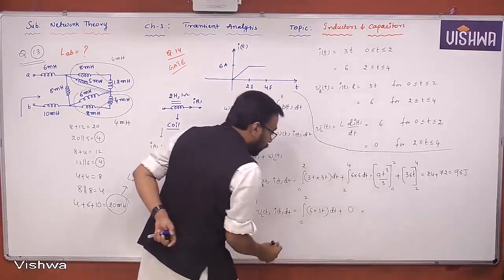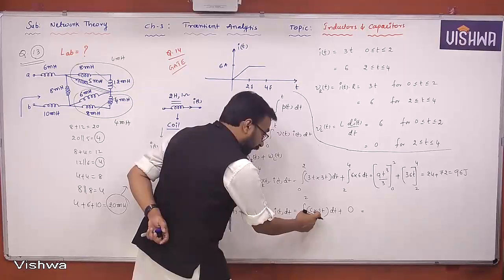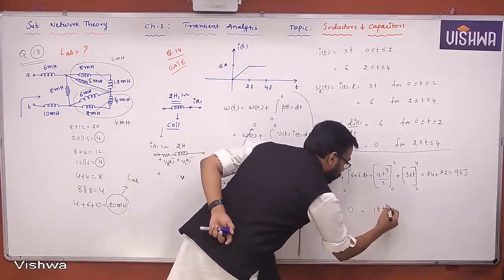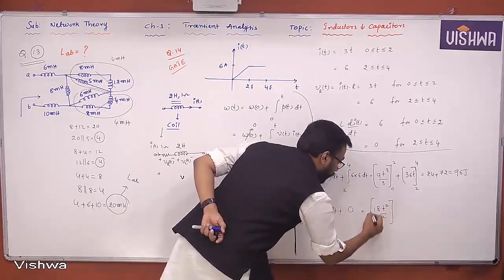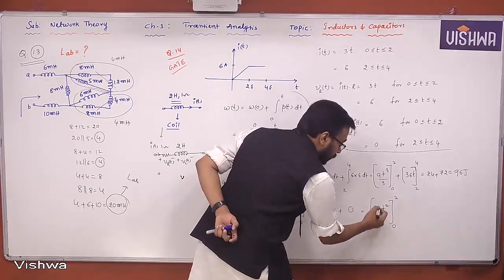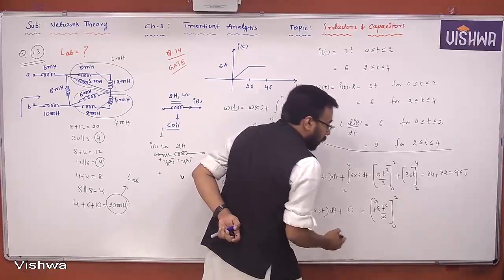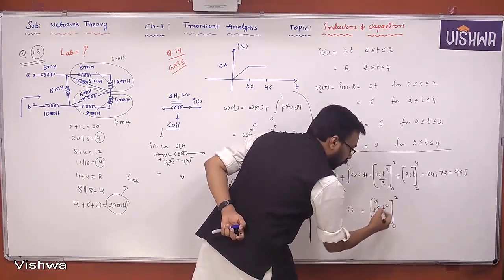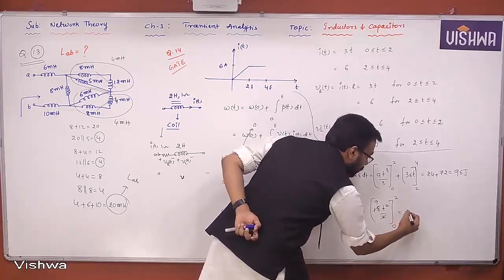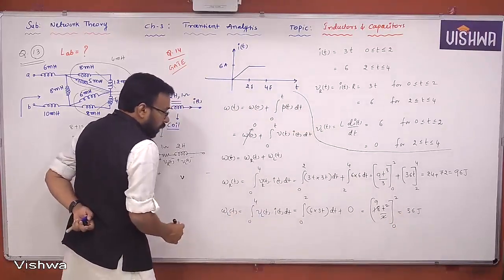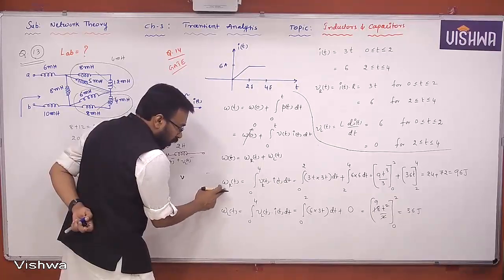Therefore, what will you get here? 6 into 3, that's 18, 18t square by 2 between 0 to 2. Yes or no, all of you? Now this is 9. Yes or no? And this is 2 square, that is 4. Now 9 into 4. What will happen here? This is 36 joule.